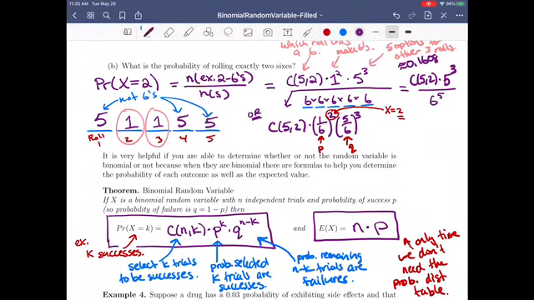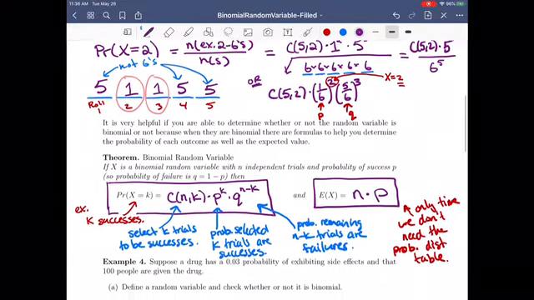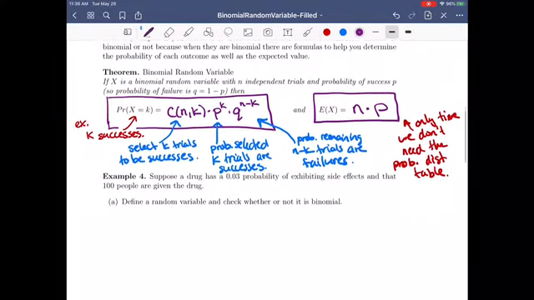If you're doing a lot of trials, like 100 trials, your probability distribution table is going to be huge. You wouldn't want to compute that all the time, and binomial random variables are nice because they allow you to skip that step because you have this formula. So let's do an example.